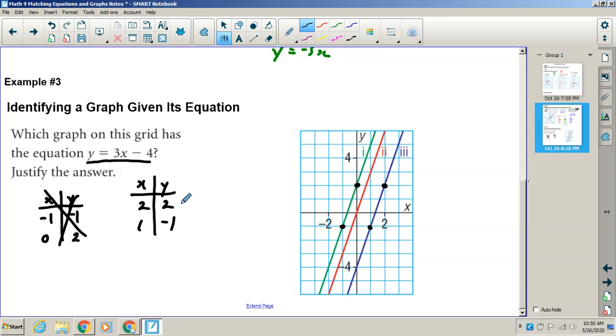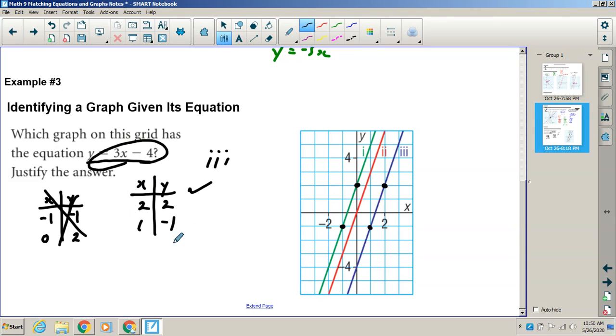It does. So let's test another point. Let's go 3 times 1 is 3, minus 4 is negative 1. So this equation matches up with line number 3. All right, and if I tested line number 2, that one would not fit.